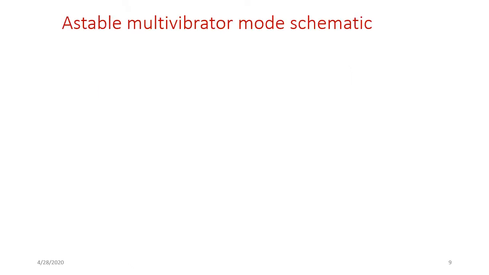Now we will connect our IC555 in astable multivibrator mode. So let me explain what is astable. An astable multivibrator is a circuit which has two quasi-stable states and no stable state.